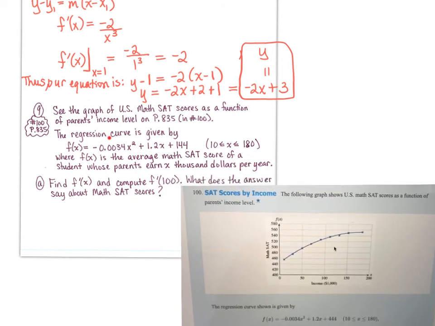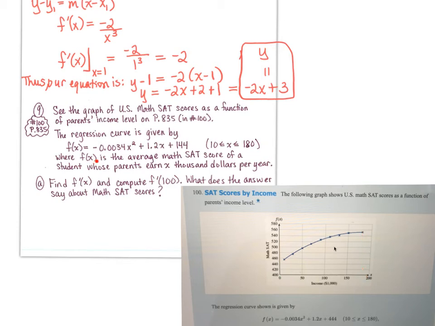Okay. The regression curve is given by f of x equals -0.0034x squared plus 1.2x plus 144, where x is greater than or equal to 10 but less than or equal to 180. So x starts at 10 here, 180 here.